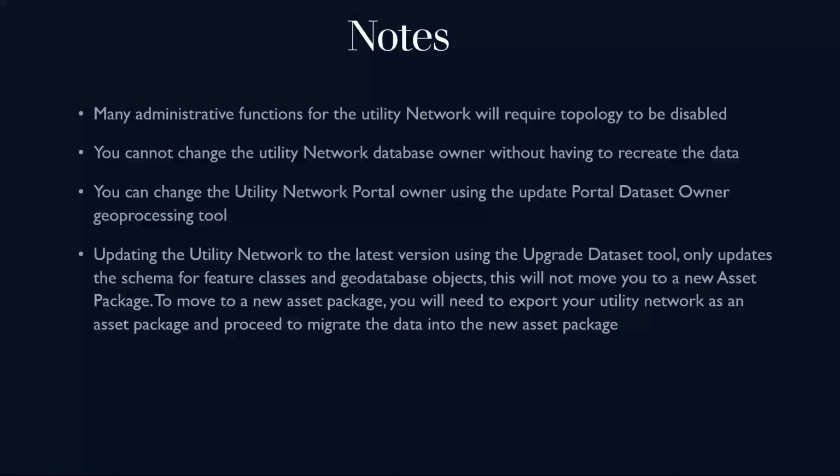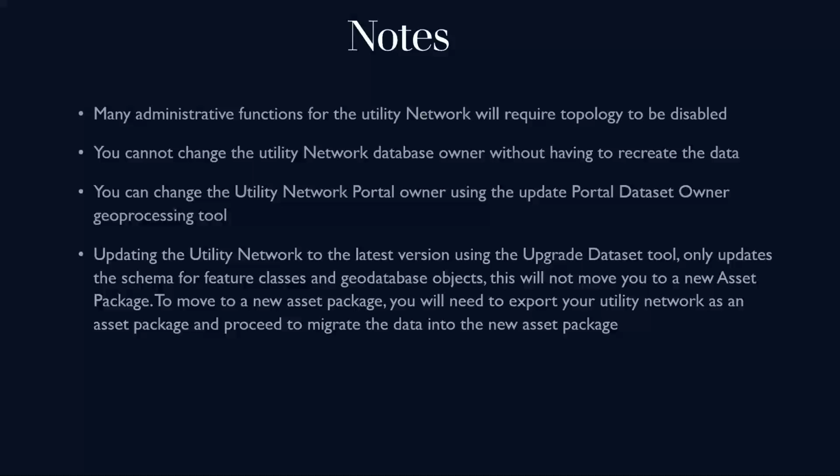One important thing to note: updating the utility network to the latest version using the upgrade dataset tool only updates the schema for the feature classes and geodatabase objects. This will not actually move you to a new asset package. To move to a new asset package, you will need to export your utility network out as an asset package and proceed to migrate the data into a new asset package.